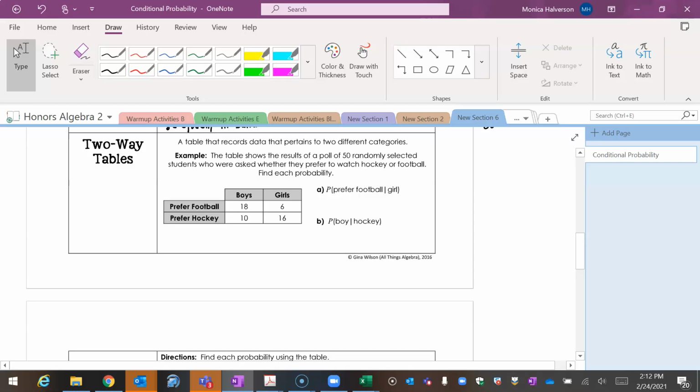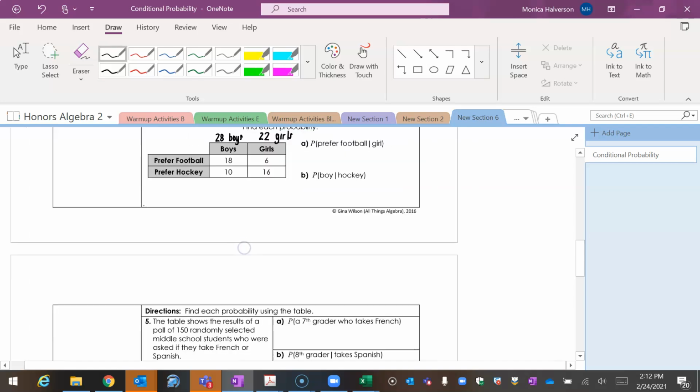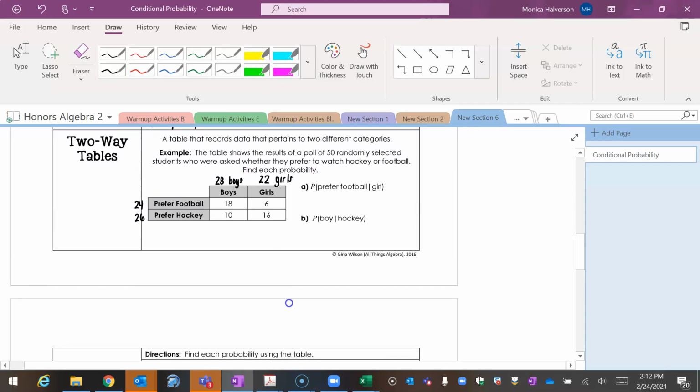Find each probability. So the first thing when you're given a two-way table is you want to figure out totals. Based off of this, we can see that we have 28 total boys, and here we have 22 total girls. Here we have 24 that prefer football, and here we have 26 that prefer hockey.